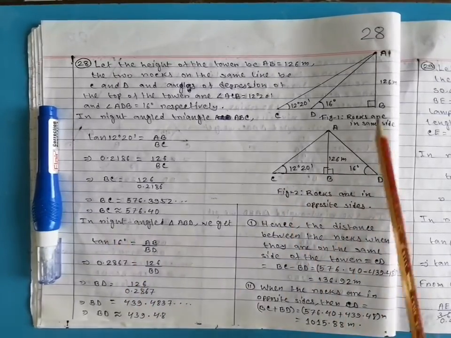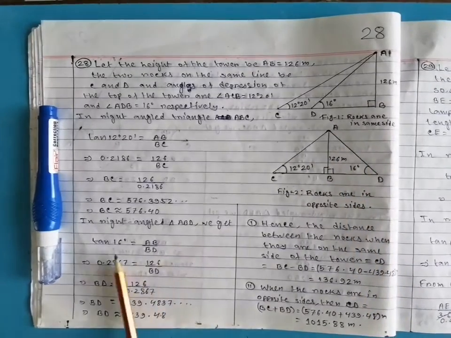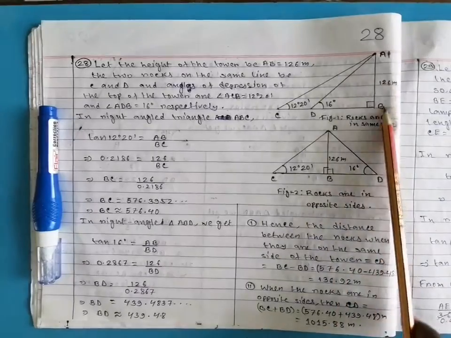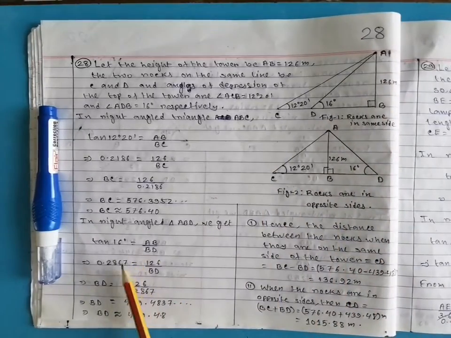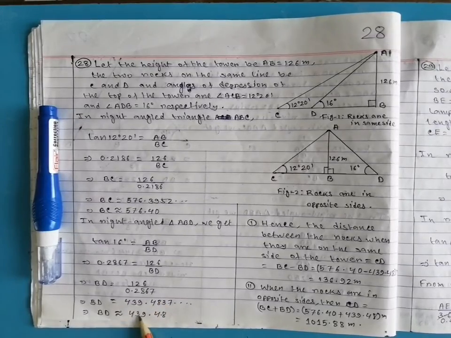In right angle triangle ABD, same thing: tan 16 degree equals AB upon BD. Tan 16 degree equals 0.2867, from the table you can see that. So 126 upon BD. So BD equals 126 upon 0.2867, and this is approximately 439.48.